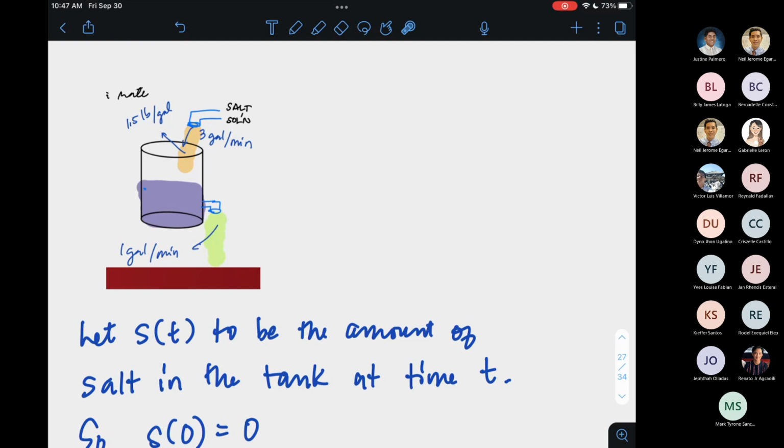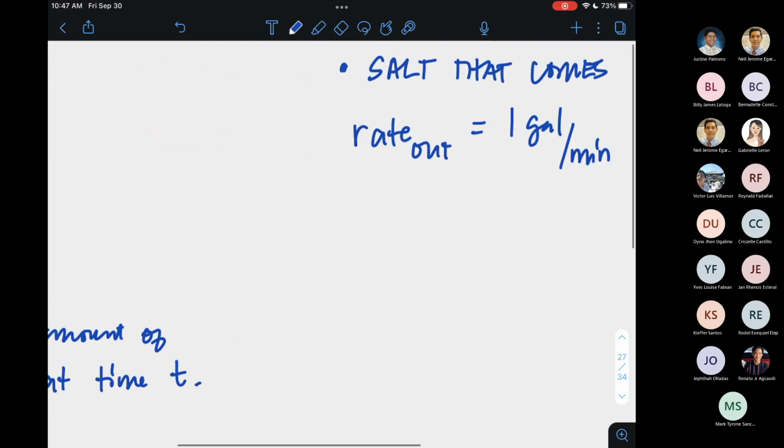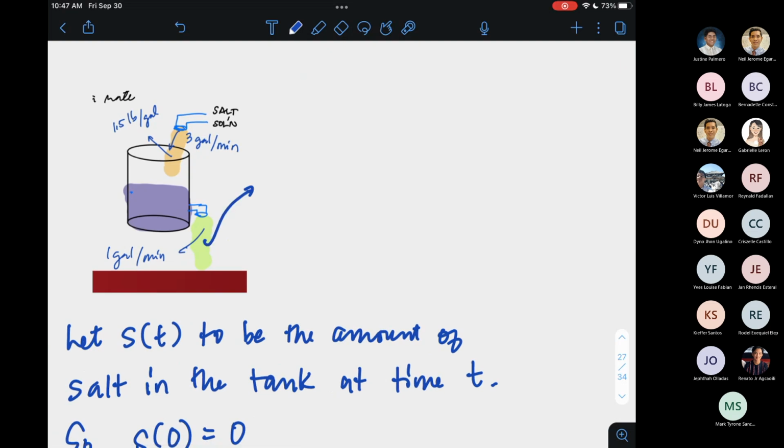So, kailangan natin, but I think all of us agree, we need to find, so meron tayong 1 gallon per minute, kailangan kong malaman yung concentration nung lumalabas. What is the concentration nung solution? Gaano karaming salt per gallon yung nandoon dun sa lumalabas dun sa tank.